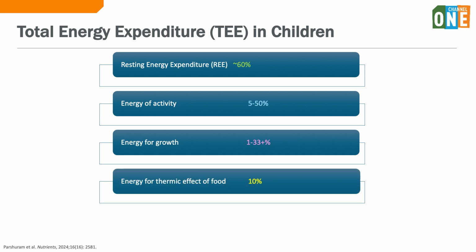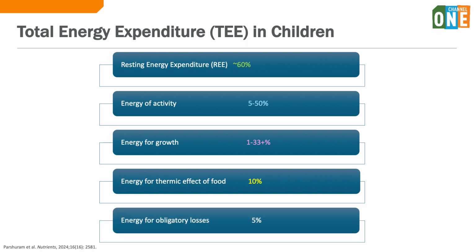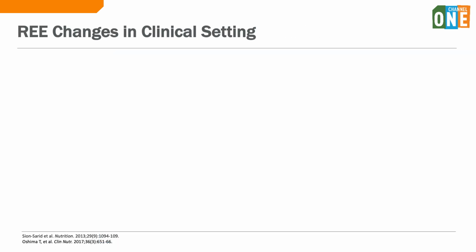The thermic effect of food is about 10% of TEE, and another 5% is attributed to obligatory losses through urine and stool, though this can vary dramatically under conditions of illness or pathologies related to digestion and elimination. One of the problems with developing an accurate predictive equation for critically ill children is the heterogeneity in age, weight, muscle mass, and severity of illness in the PICU.